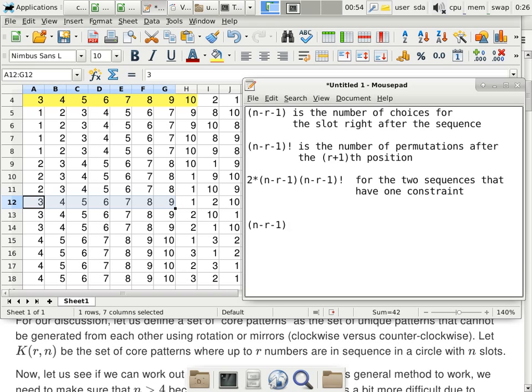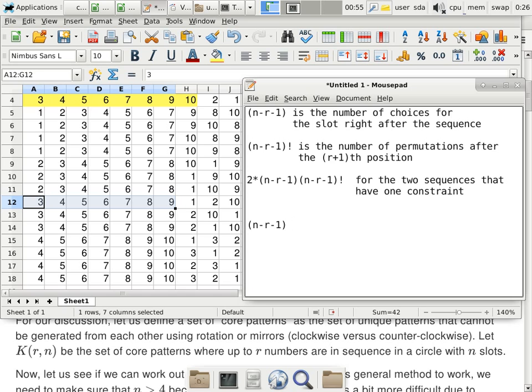So this number, N minus R minus 1, is only counting groupings: how many sequences of 7 can we have, not counting the first and the last one. Is that okay? So that's what this number is. I'll just write it down here.